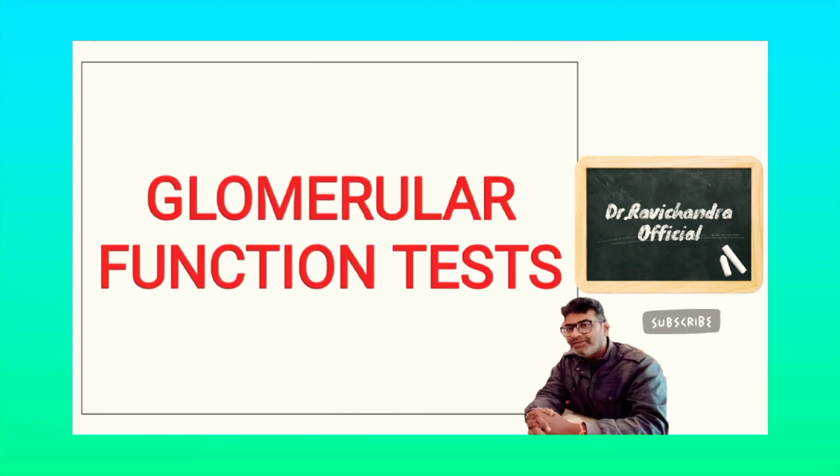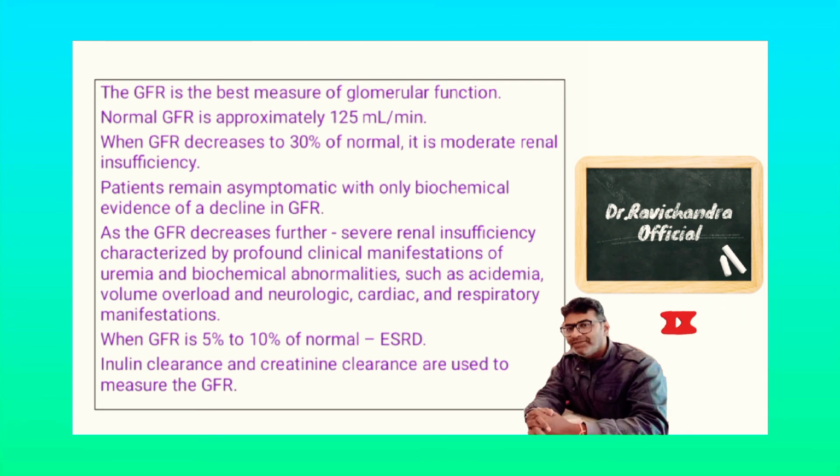Glomerular function test. Glomerular filtration rate is the best measure of the glomerular function and the normal GFR is approximately 125 ml per minute. When GFR decreases to 30% of the normal, it is moderate renal insufficiency. The patient will remain asymptomatic with only biochemical evidence of decline in the glomerular filtration rate.